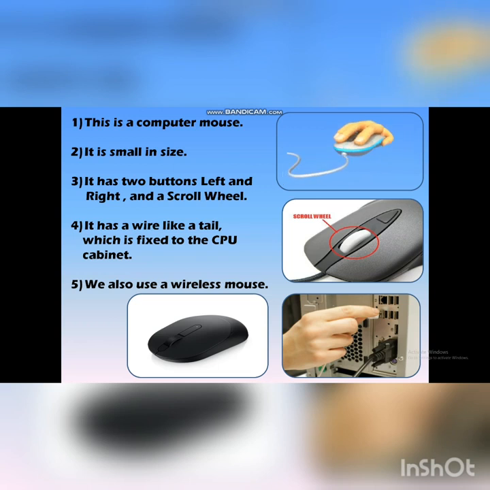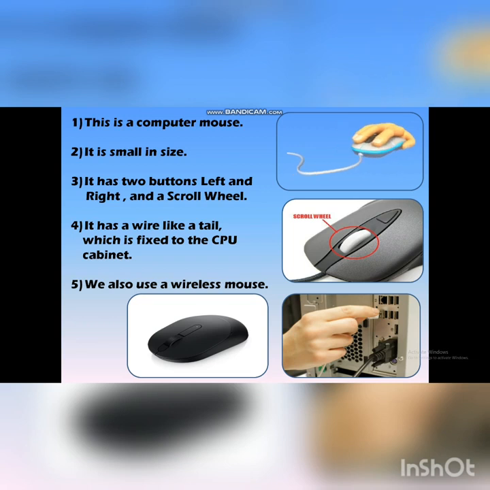Fourth point, it has a wire like a tail, which is fixed to the CPU cabinet. As you can see, it has a tail, a wire which is connected to the back of the CPU, which is shown in the third picture. And when connected, you can easily use the mouse.